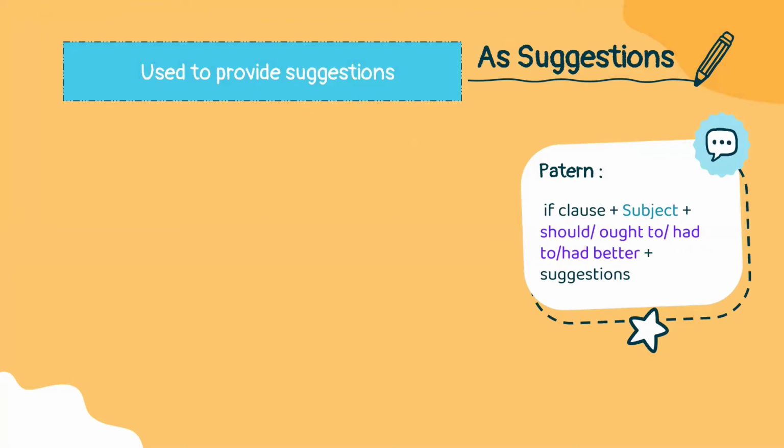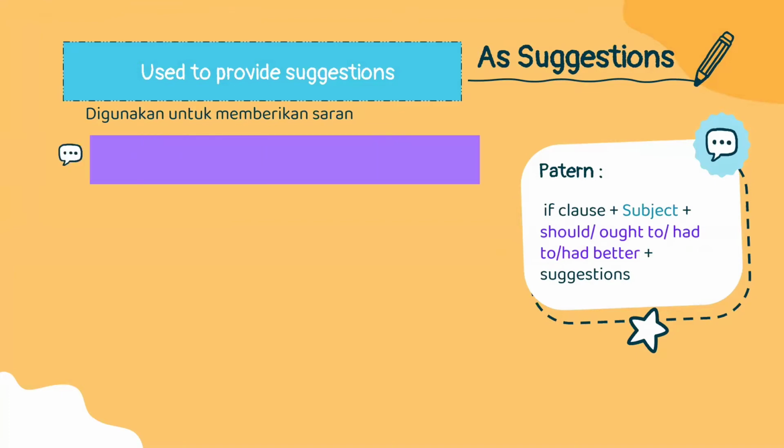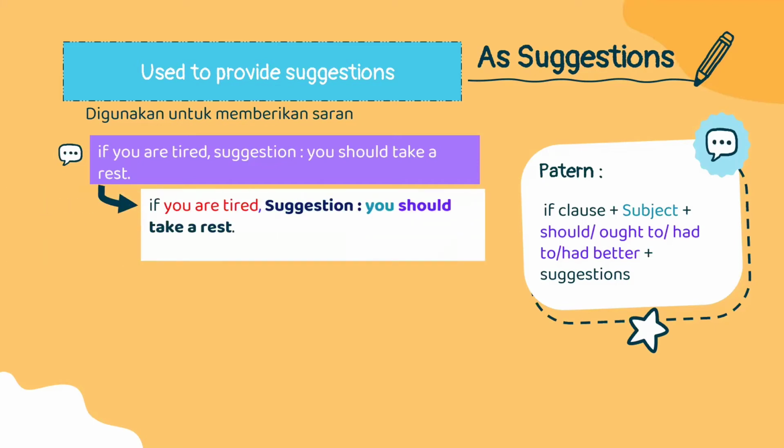With pattern, if clause, the subject plus should or ought to or had better plus suggestion. Digunakan untuk memberikan saran. Example, if you are tired, you should take a rest.